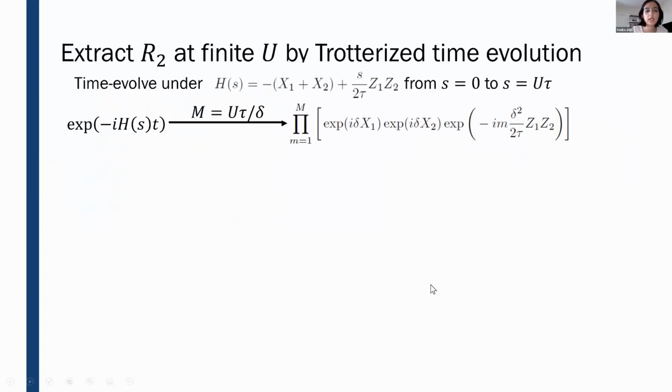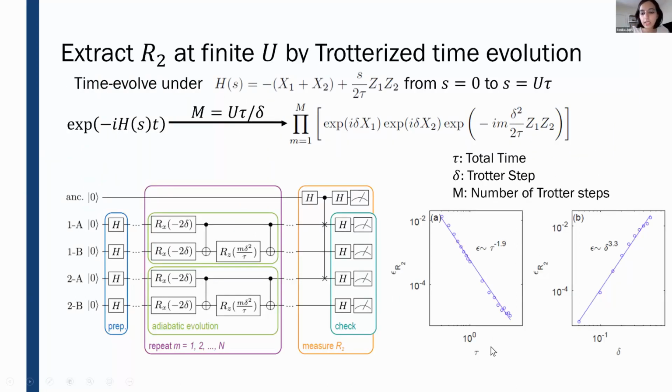Where the errors came in is in these parameters tau and delta. So delta is the Trotter step size. This Hamiltonian, you cannot implement it exactly on the quantum computer, even though the mapping is correct. This is an exact Hamiltonian.